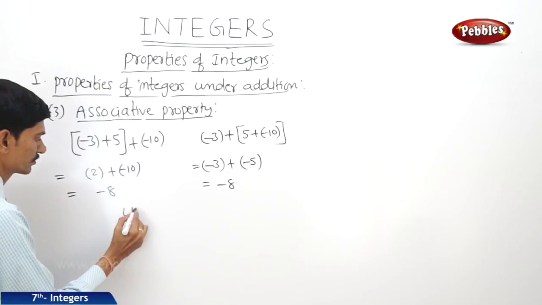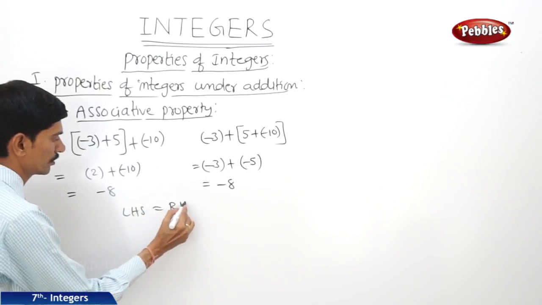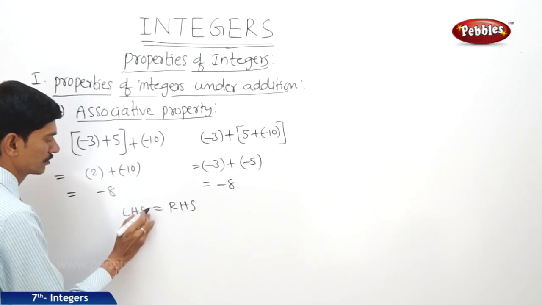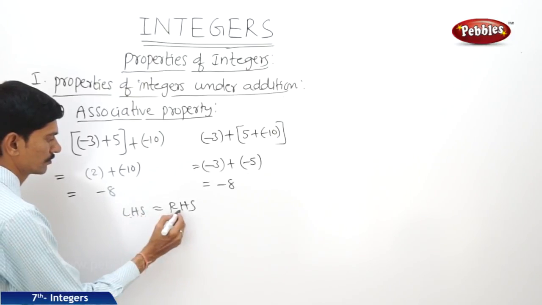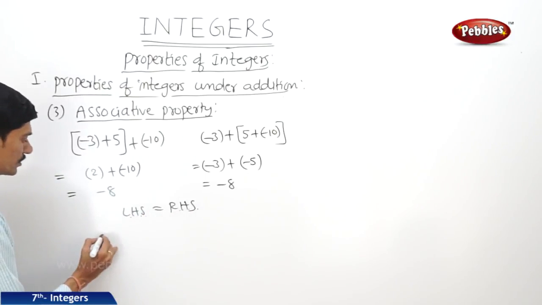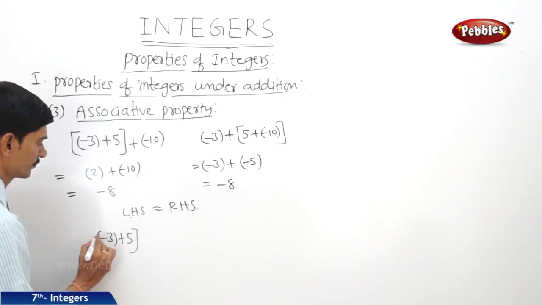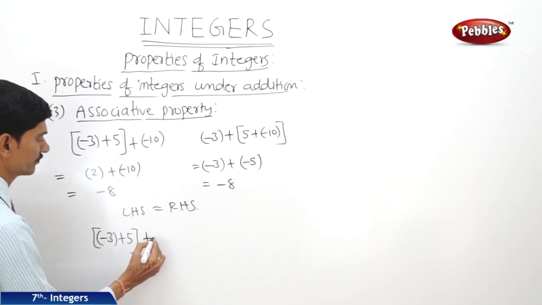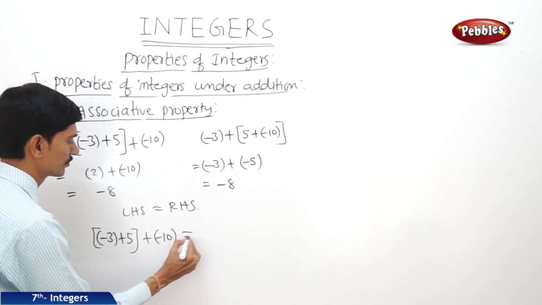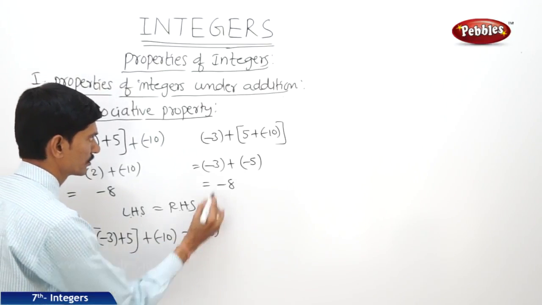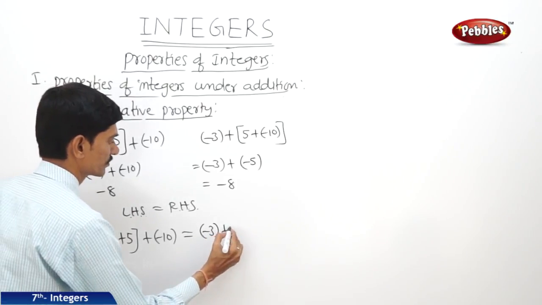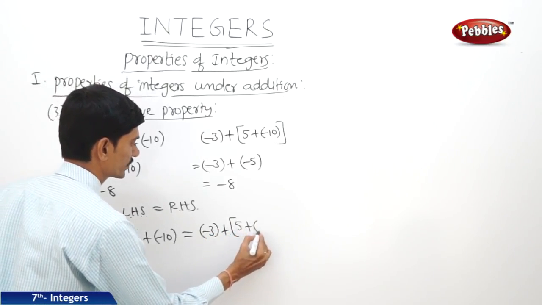So LHS equals RHS. So we can write that minus 3 plus 5 plus minus 10 equals minus 3 plus 5 plus minus 10.